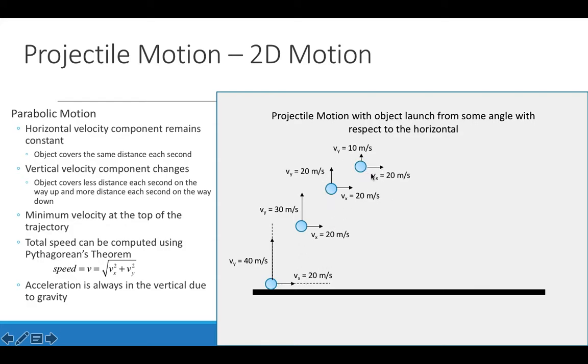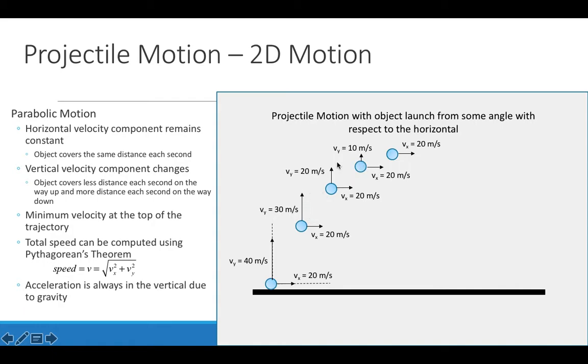And I can continue this. After another second goes by, again, the velocity in the horizontal is the same, but the vertical has decreased until it reaches the very top of its trajectory. I know it's hard to see here, but the object is moving the same distance horizontally every second that goes by.